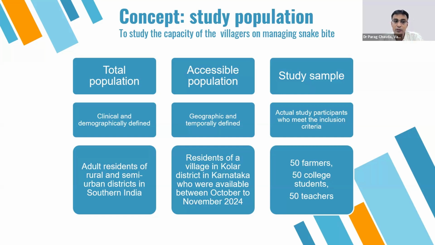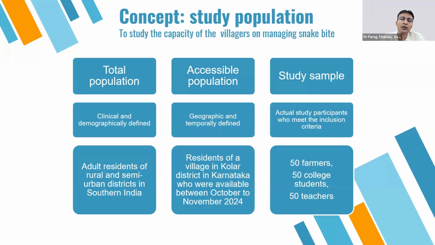And then let's say your study is about the capacity of villagers. So when you ask what proportion of villagers could correctly identify the poisonous snake, that knowledge information probably applies to a larger population. Let's say it might apply to all the rural villagers of that particular district in Karnataka, right?